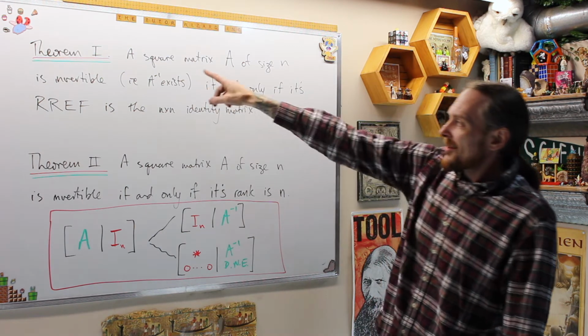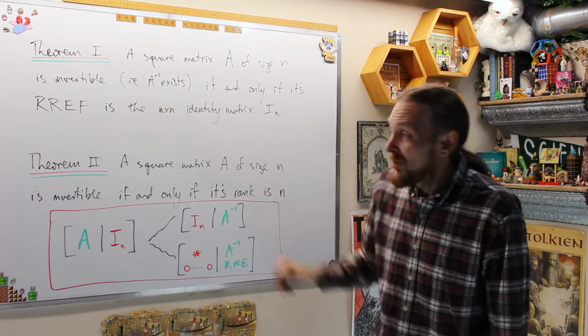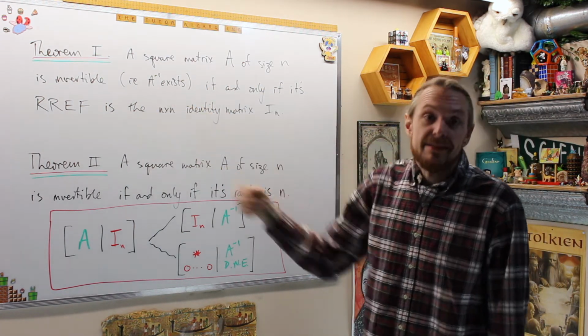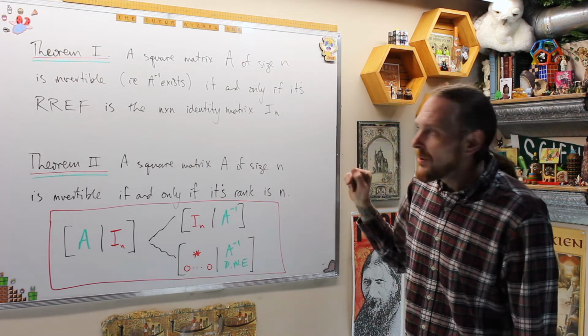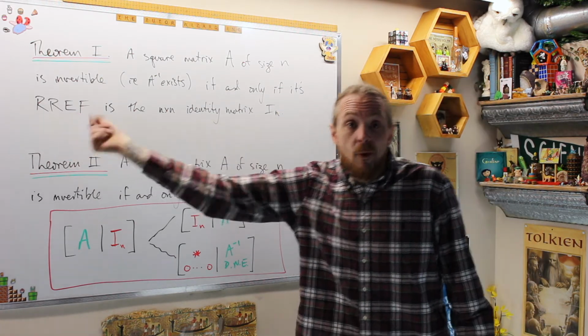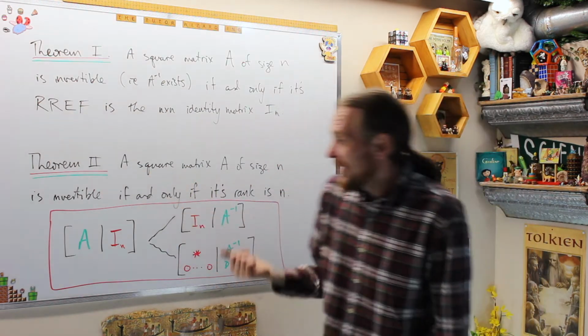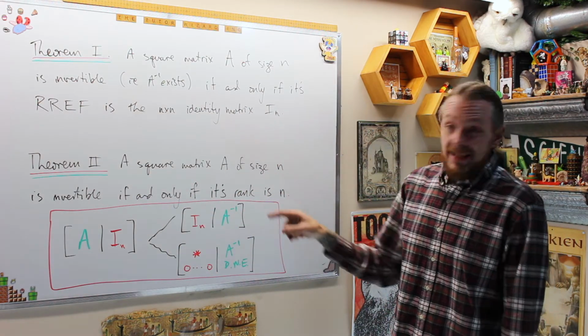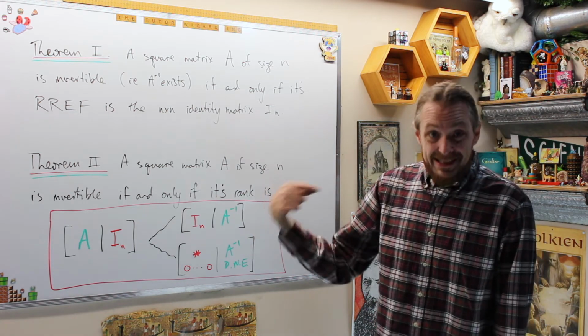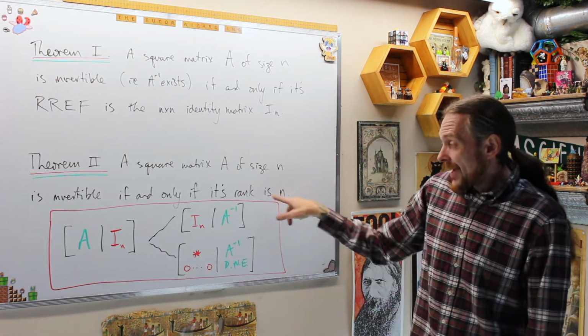The first theorem says a square matrix of size n is invertible, which means that the inverse exists. This is an existence statement. If and only if the reduced row echelon form of that matrix is the identity matrix of the same size. And theorem 2 says a square matrix of size n is invertible, or the inverse exists, if and only if the rank of that matrix is n.